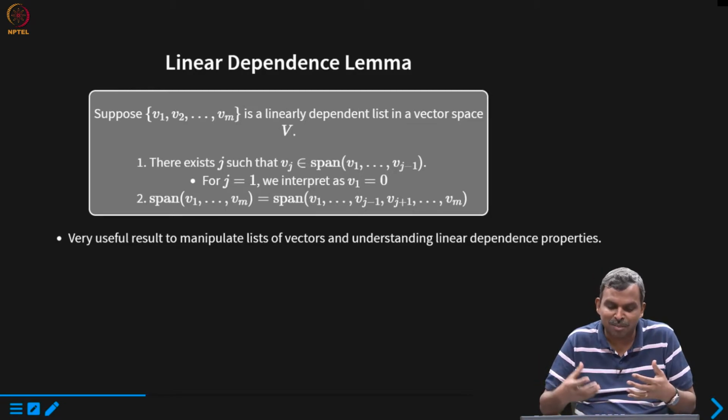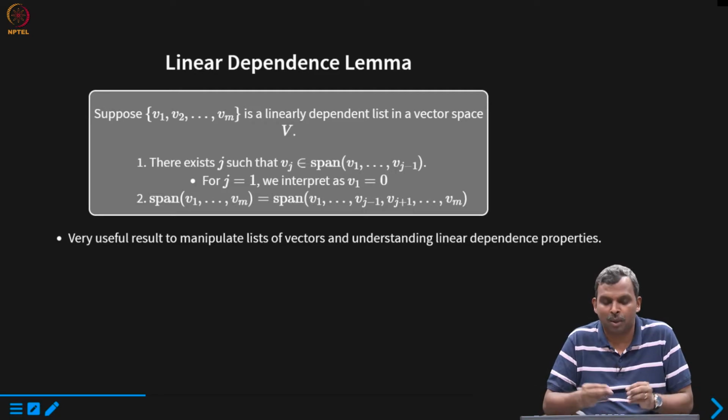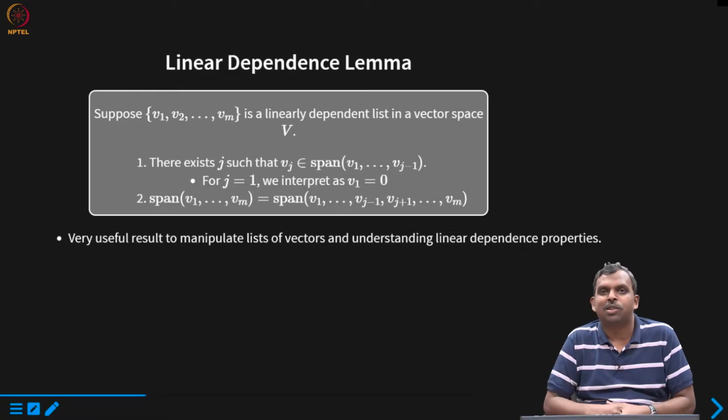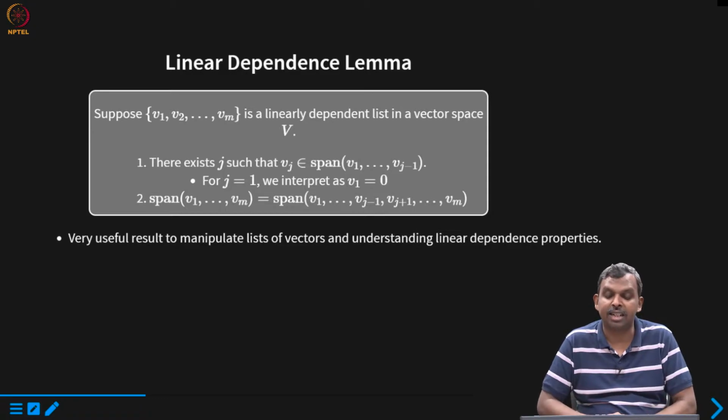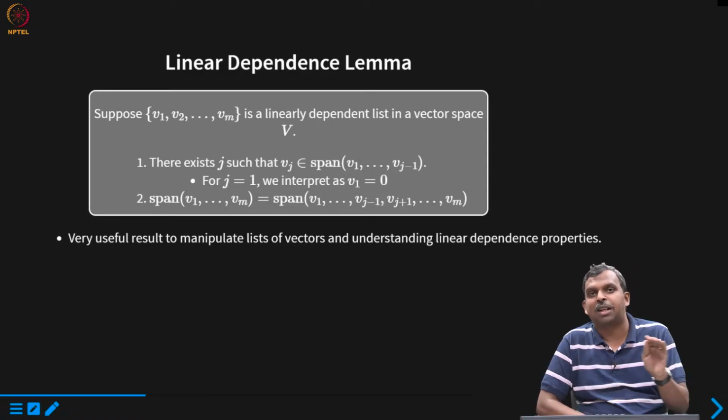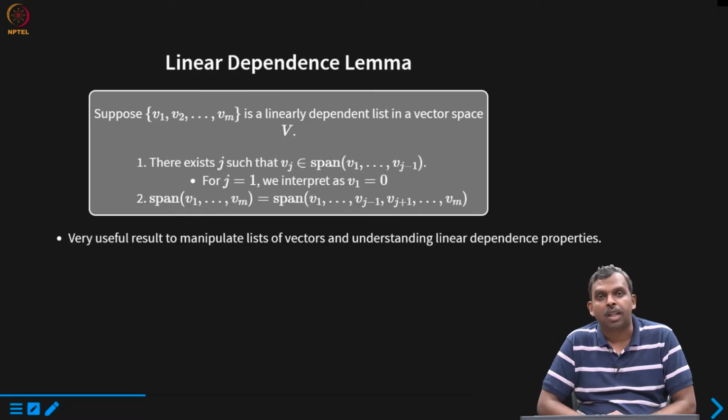Many results in many areas of mathematics develop like that. There'll be one basic, technical-sounding lemma, which by itself may not mean much, but eventually you'll see it's so useful in proving results. Let me read out what this linear dependence lemma is. Supposing you have a set of vectors v1 through vm, and supposing they are linearly dependent.